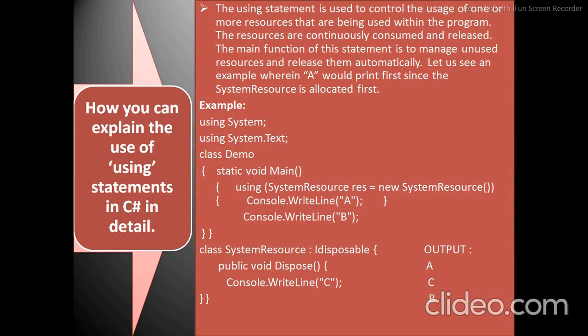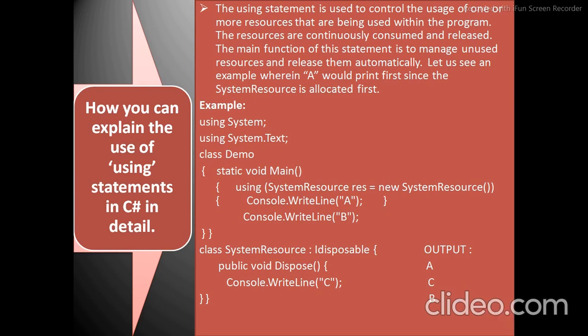How can you explain the use of the using statement in C# in detail? The using statement is used to control the use of one or more resources that are being used within the program. The resources are continuously consumed and released. The main function of this statement is to manage unused resources and release them automatically. Let us see an example wherein A would print first since the system resources are allocated first.